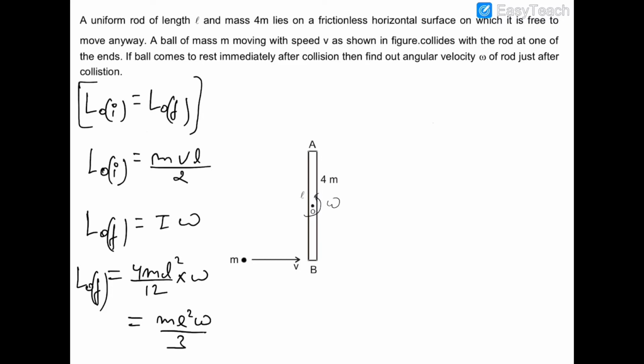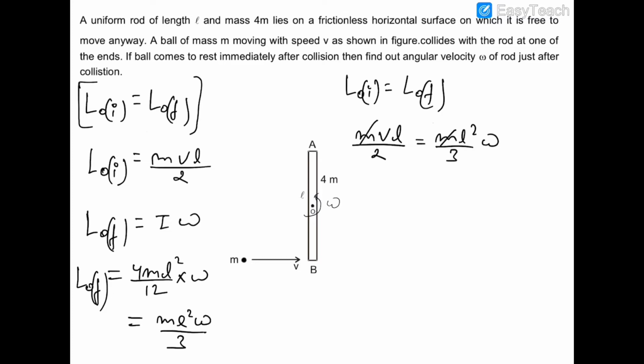Now if we balance the initial angular momentum and the final angular momentum, then it is mvL by 2 and it is equal to ml square by 3 omega. So cancelling m with m, L with L, omega will be equal to 3v by 2L. So this is the angular velocity with which this rod will move after the collision.